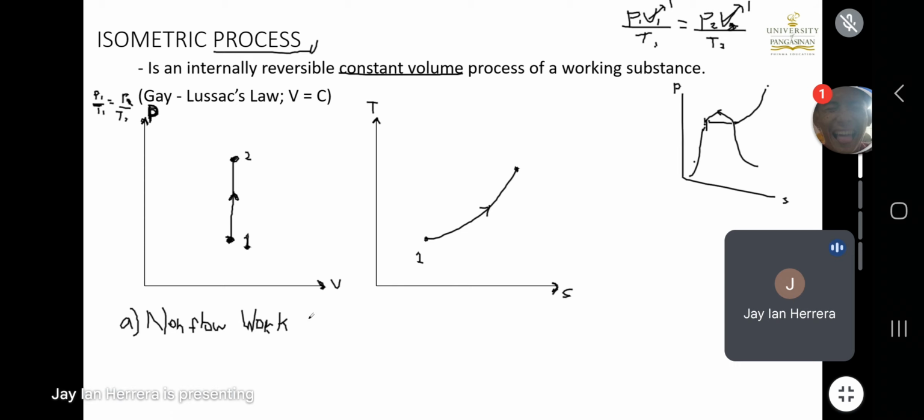Kung maalala nyo, nasolve natin to nung Friday sa specific heat under constant volume. So sa non-flow work, it is the integration from the upper limit to lower limit, kumbaga state 2 to state 1, ng pressure and the change in volume, or P dV.